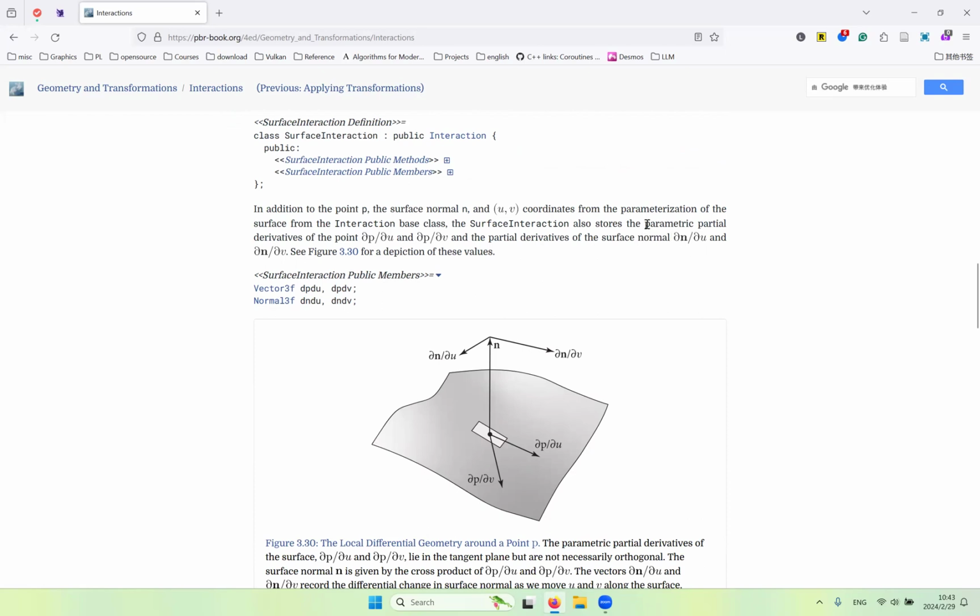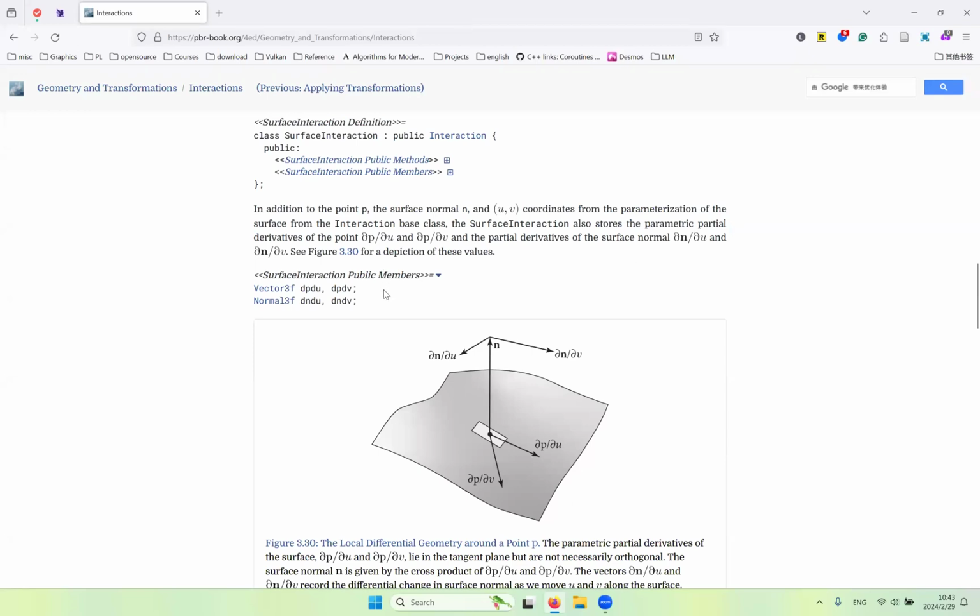It also stores partial derivatives. What is P? A point, rather than a normal.